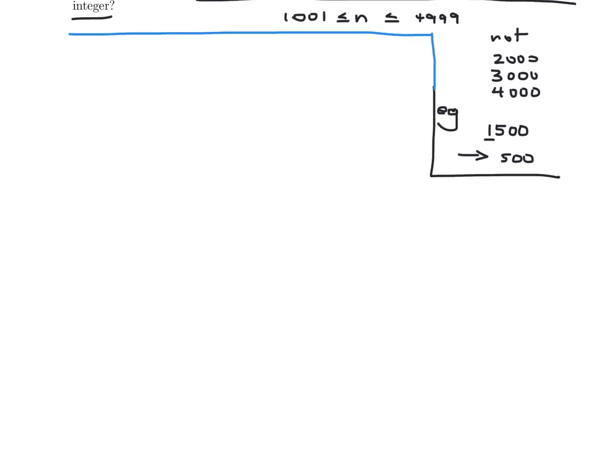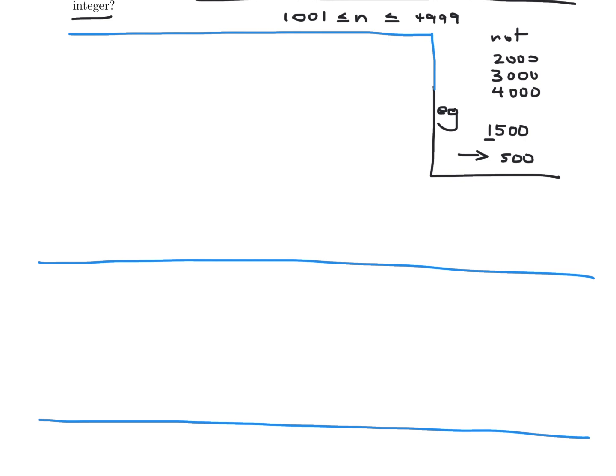I don't know if region is the right word, but I got it. n is between 1,001 and 4,999. Okay, so I'll look at what the leading digit is.